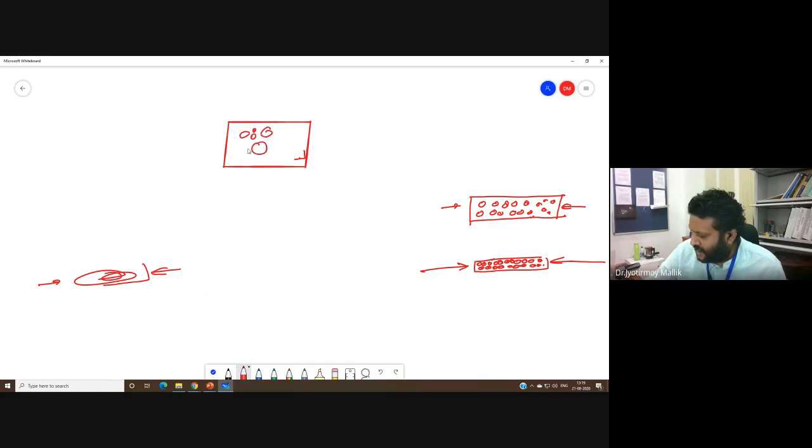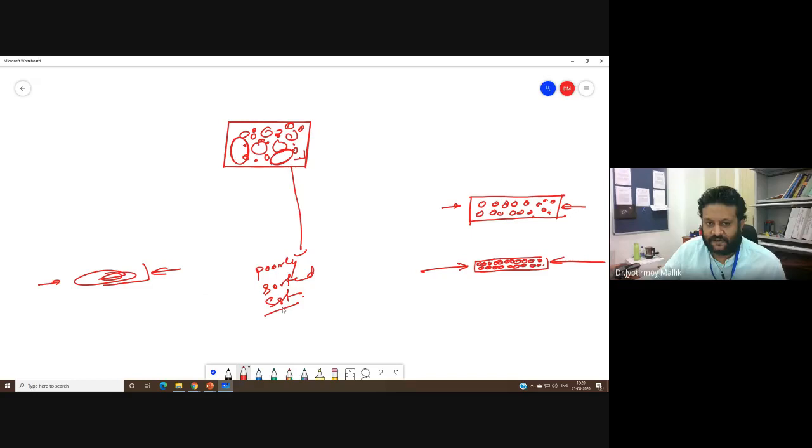Okay, large, medium, small, all together, and this is called a poorly sorted sandstone. SST means sandstone. Okay, poorly sorted sandstone, because there is no sorting. Everything is together. Okay? So what happens in this case?